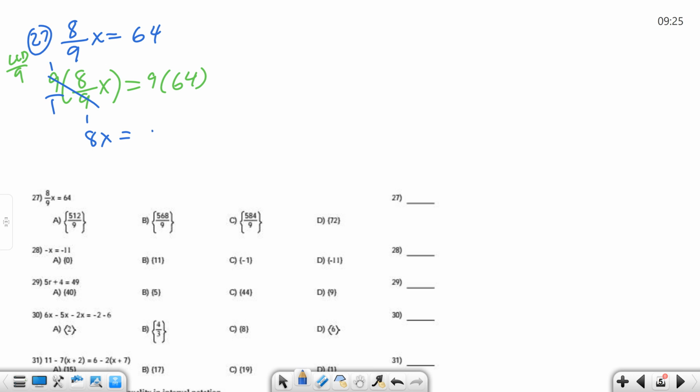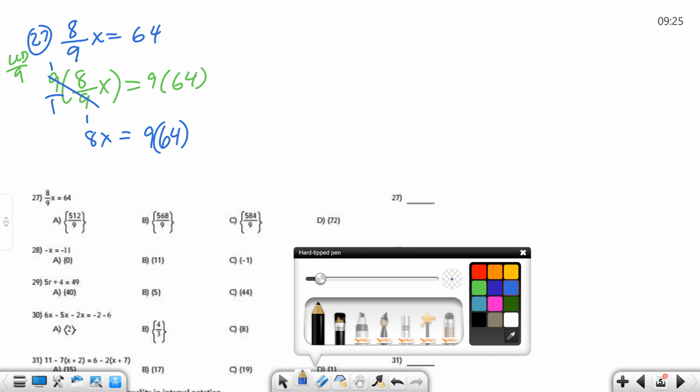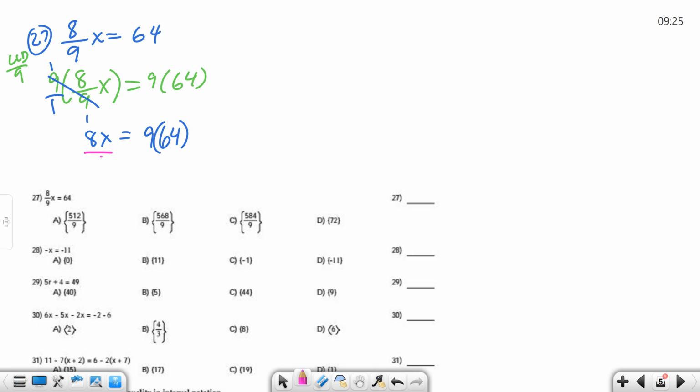I'm going to leave it 9 times 64 only because I know that 8 is going to divide into 64. It's not necessary that you do this. Then I'm going to divide by 8. 64 over 8 is 8, and this is 1. Now I have 9 times 8, and that's going to be x equals 72. 9 times 8 is 72, which is right here.